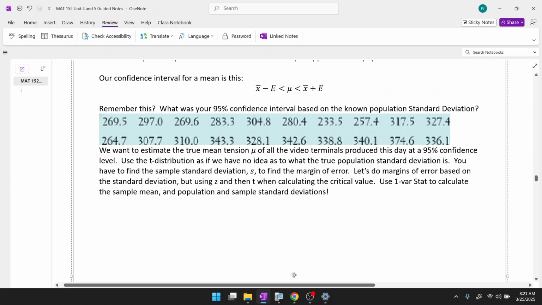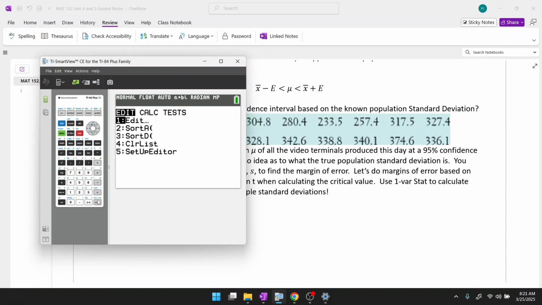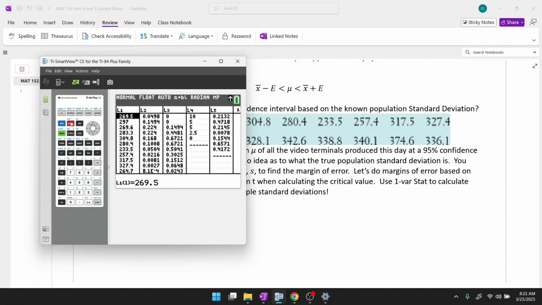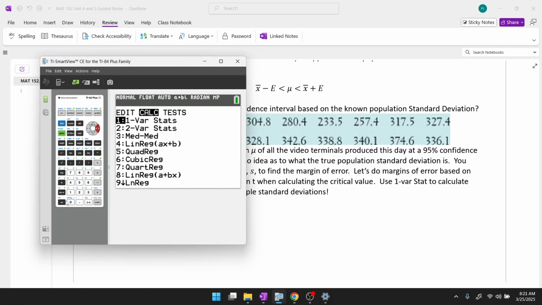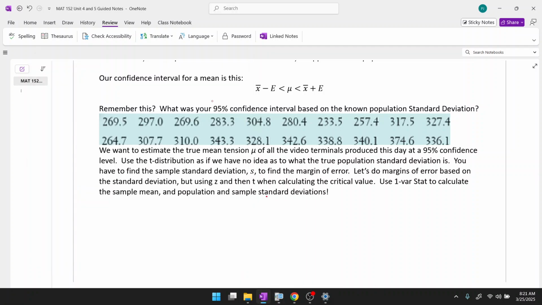Now, what we want to do here is enter all this in the calculator, and hopefully I have all this in there. So I'm going to do a 1-var stat on this, and I'm going to have a sample mean of 306.32. Now, we'll do this for Z. We have a sample size of 20.